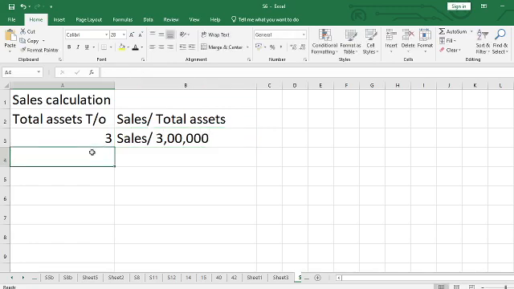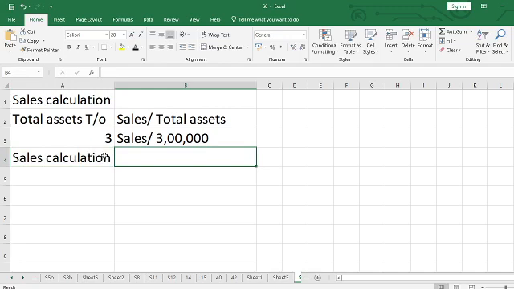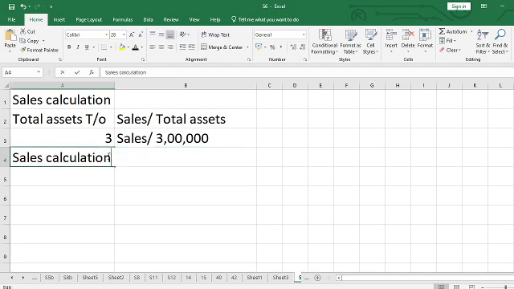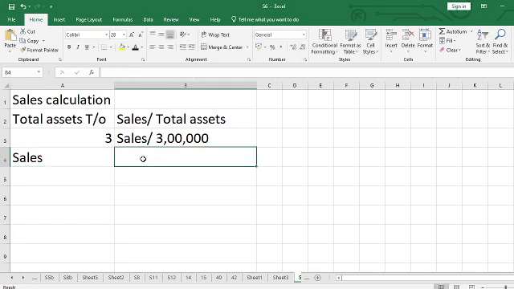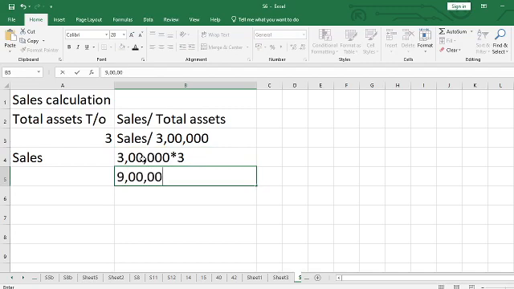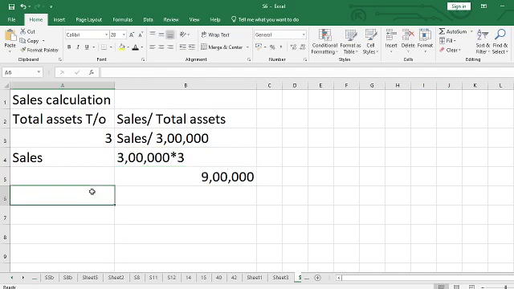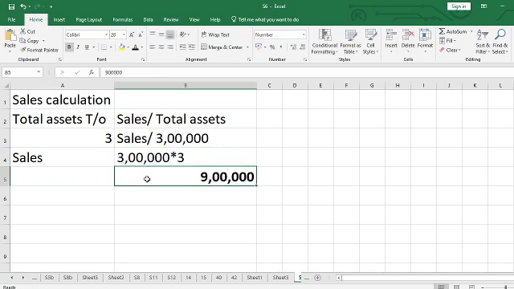So therefore sales is equal to 3 lakh into 3 times, so that will give you sales of 9 lakh. So this is the first stage of calculation.